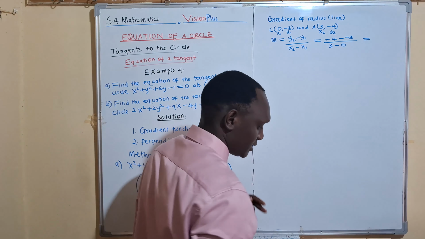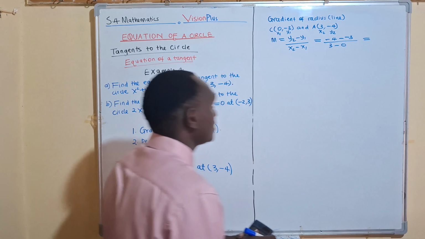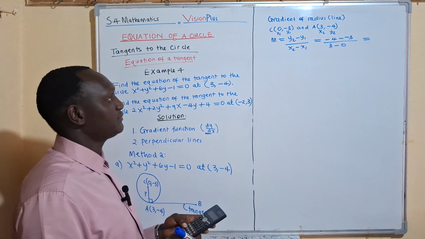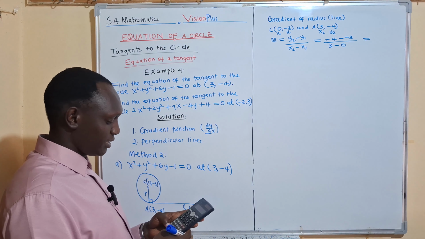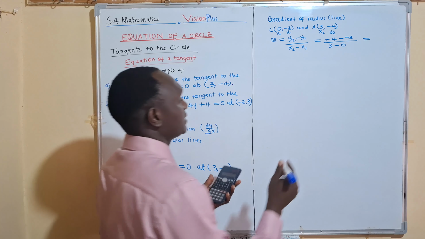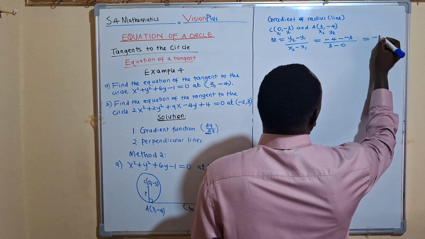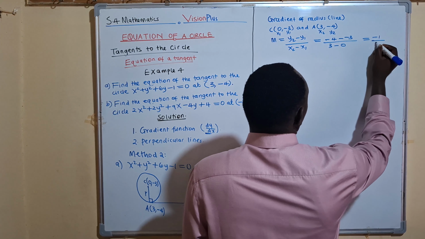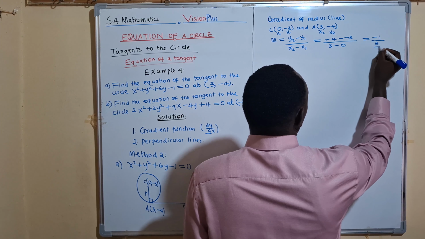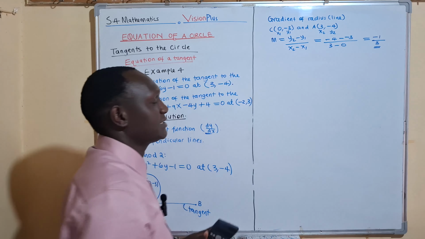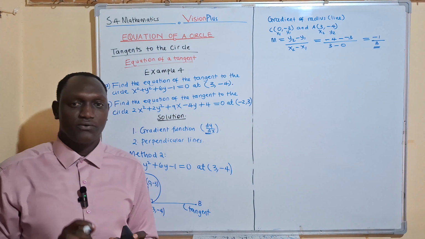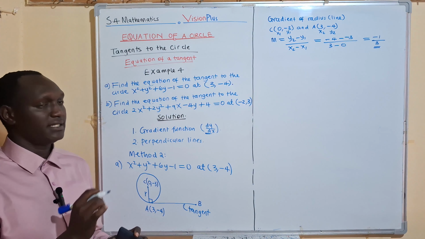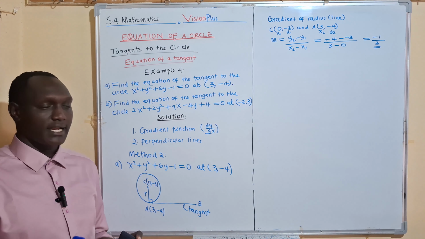Then you use the calculator to get the numerator: -4 minus -3. I'm getting -1 over 3 minus 0 is 3. So that is the gradient of the radius.